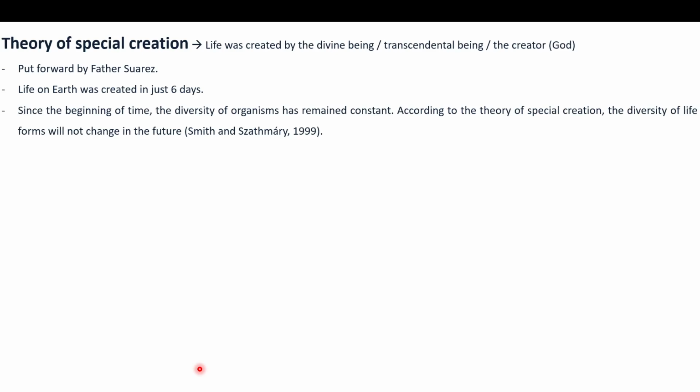Okay. Now, there are different theories that talk about how life might have originated on Earth. So, one such theory is the theory of special creation, which actually isn't scientific at all.